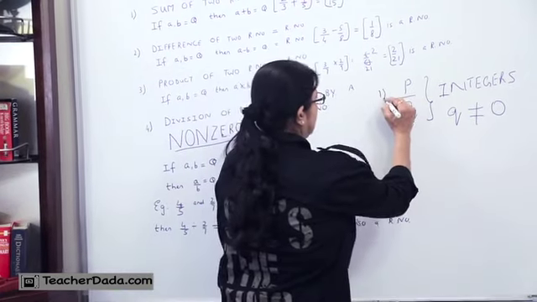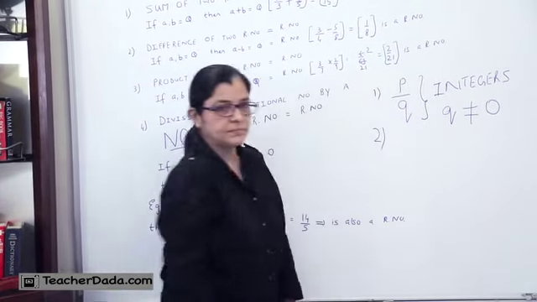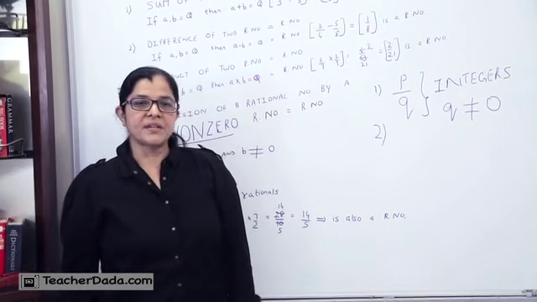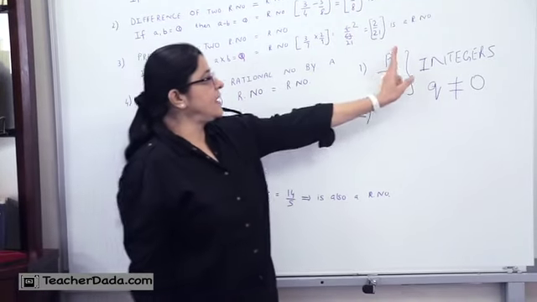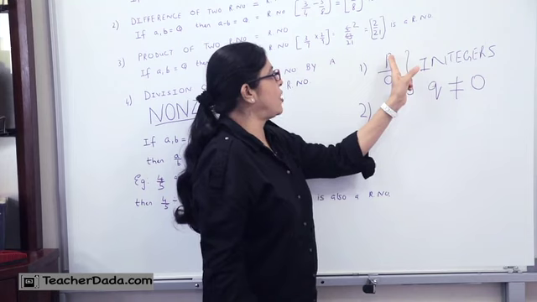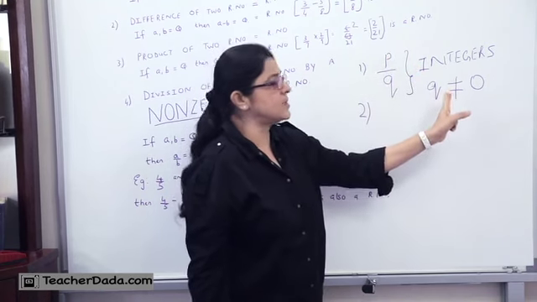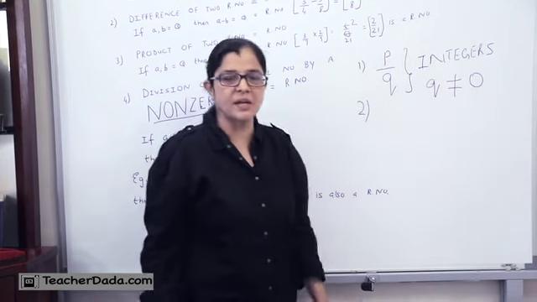Second, as I said, any number that can be expressed in the form P upon Q, where P and Q are integers and Q is not equal to 0, is a rational number.